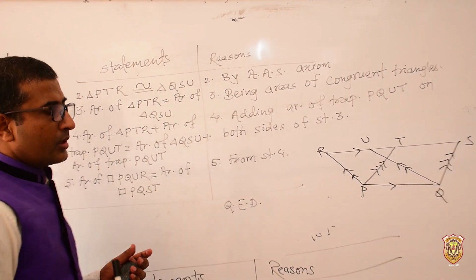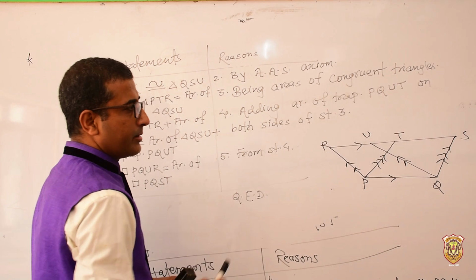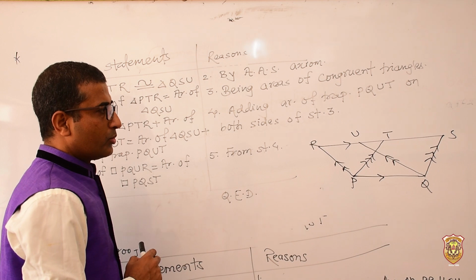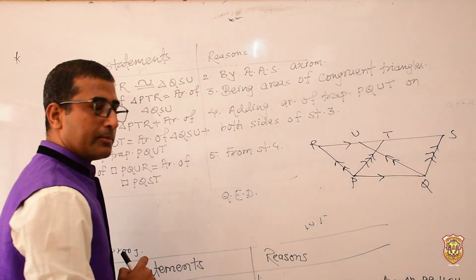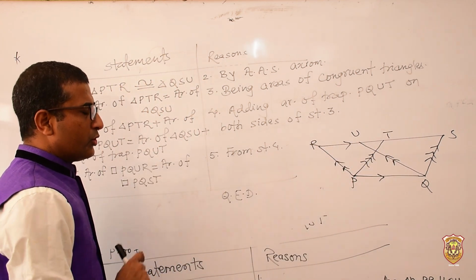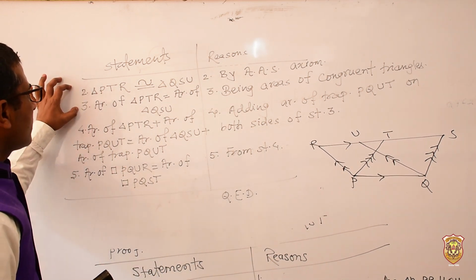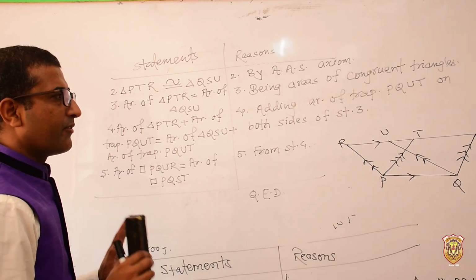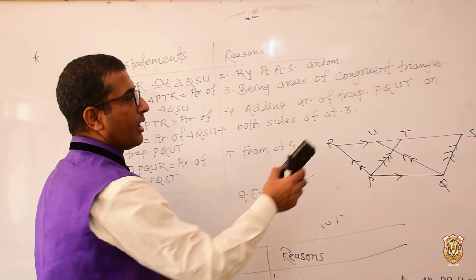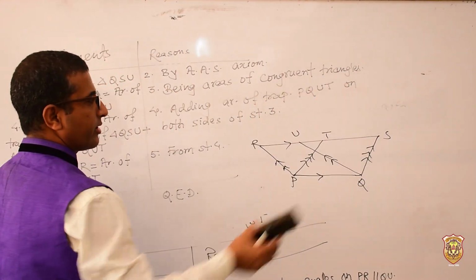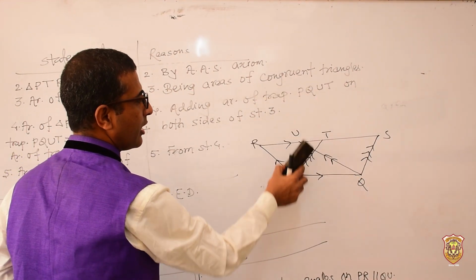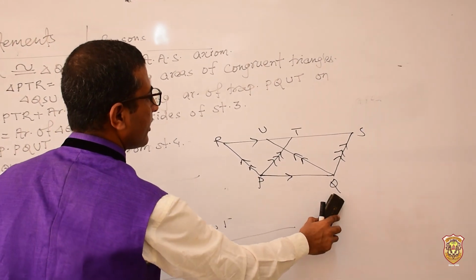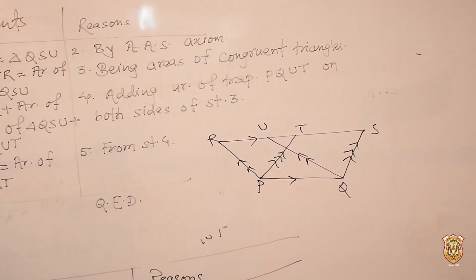If you look nicely, you will find earlier these two lines were not intersecting each other, but now these two lines are intersecting each other. So in this question, up to statement 3, there will be no changes because we have done exactly the same thing, naming is the same. But after this, from this whole trapezium, if we subtract this part, we will get this parallelogram, and subtracting this, we will get the other, that is PQUR.